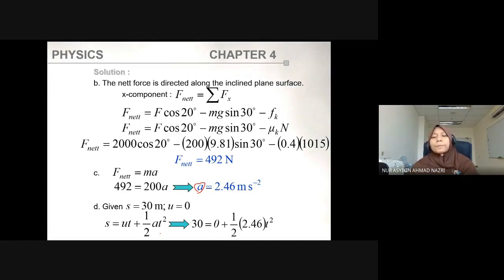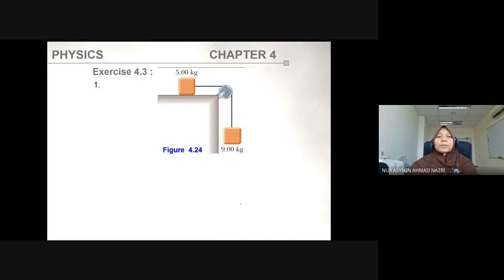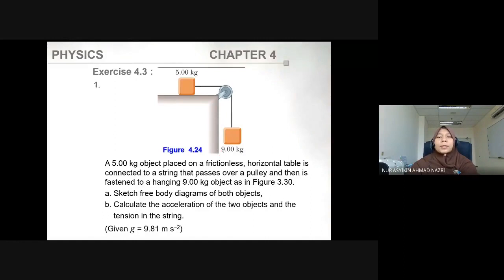Alright, okay. And then sebab yang tu kita dah ambil dia sebagai x kan, so no problem. Then substitute your acceleration, then you may find your time for the blocks to move along 30 meter is 4.94 seconds, right?